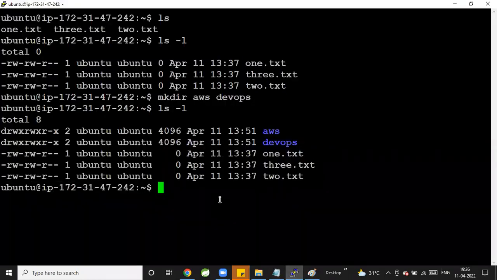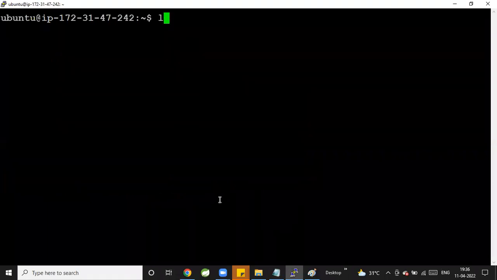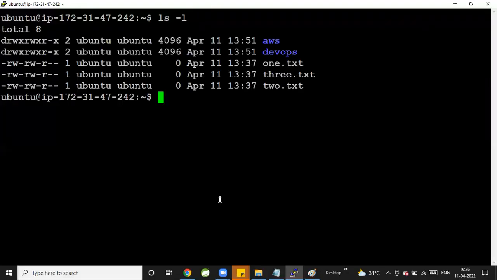Now you see, ls -l. Can you tell me who is having what permissions for the 1.txt file?